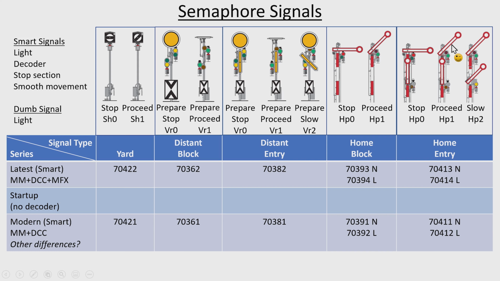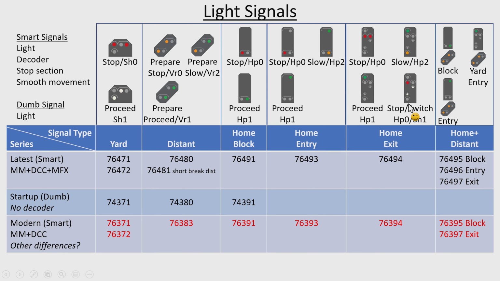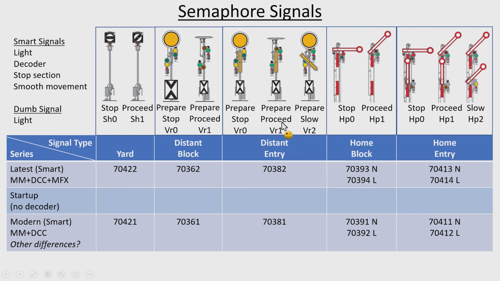The proceed basically also looks like the home block semaphore signals. So the top wing is at a 45 degree angle, it shows green, and then the lower wing is going straight up or is vertical. The slow is indicated by the two wings going to the side at a 45 degree angle, and then you have green and yellow for slow. So that's the semaphore signals where it's the home signal.